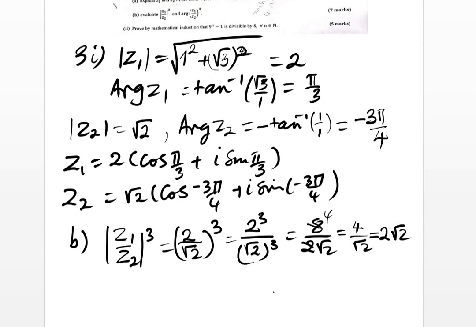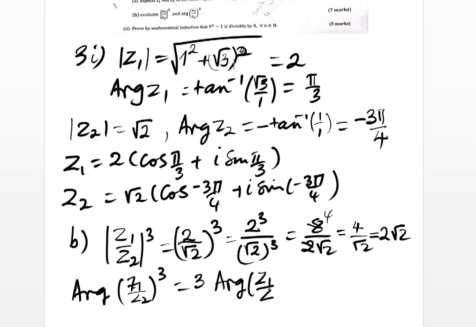And the argument of (z1 over z2) cubed: we know that the argument of z to the power n is n times arg z. So we have 3 times the argument of z1 over z2. But from the properties, the argument of z1 over z2 is the argument of z1 minus the argument of z2.